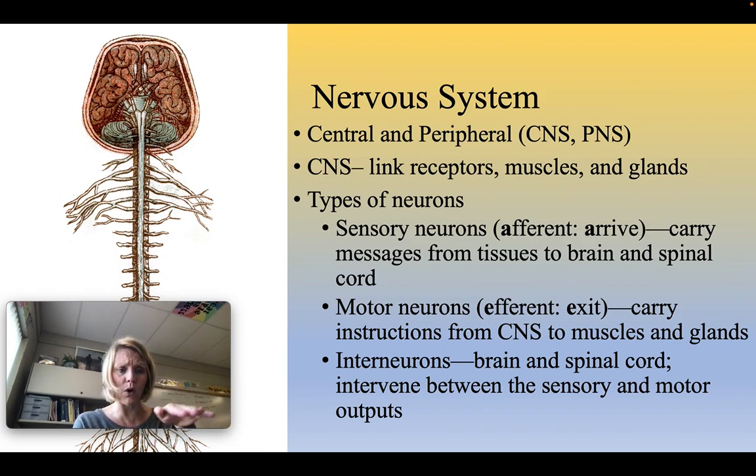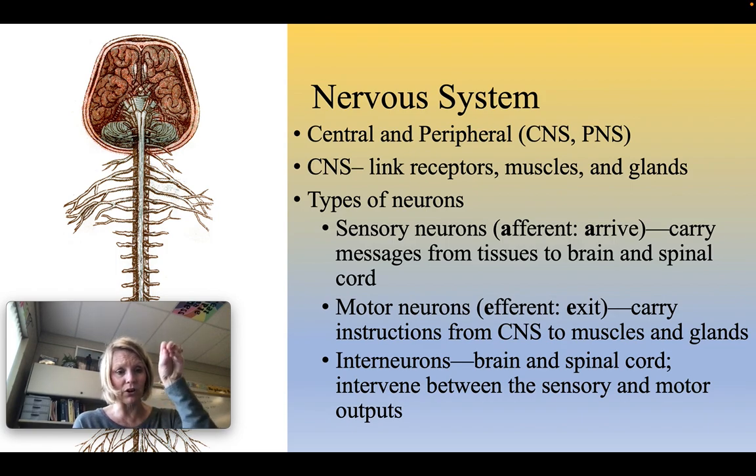And in between, right there in the spinal cord up to the brain, are what we call interneurons. And these kind of intervene between the two. Sensory neurons are afferent neurons. They take in this information and bring it to the body. Efferent neurons, or motor neurons, send this information out. They exit the central nervous system and send it out.